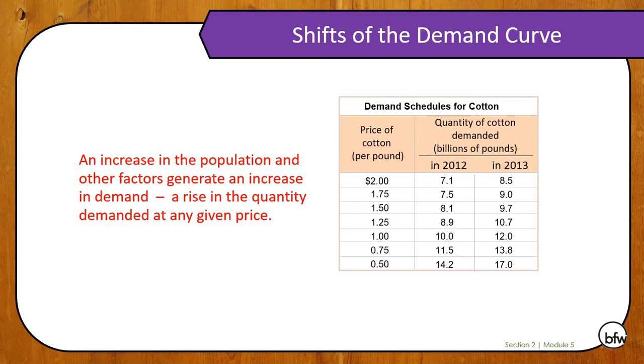When population goes up, obviously there's more people now to buy a good. So obviously, even though the price is $2, we're going to have more quantity purchased there. And that's true for every single point along the demand schedule.